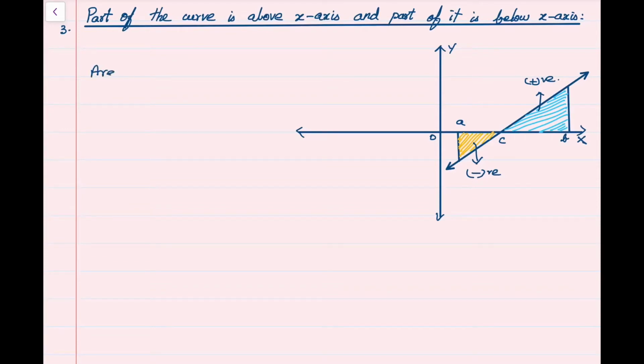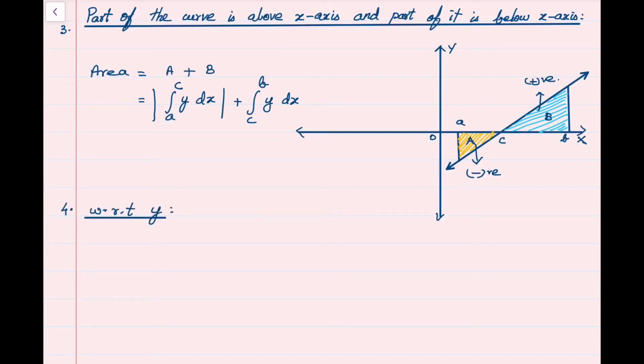Therefore, the area of the shaded region will be, I will name this area A and this area B, so it will be A plus B. To make area A positive, I have to write the absolute value sign, and the integral with limits a to c of y dx, bounded by the x-axis, plus area B, which will be the integral from c to b of y dx, the same curve, but it will be positive, so no need to write the absolute value sign.